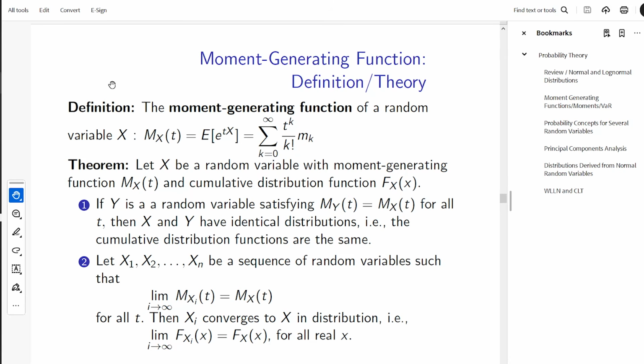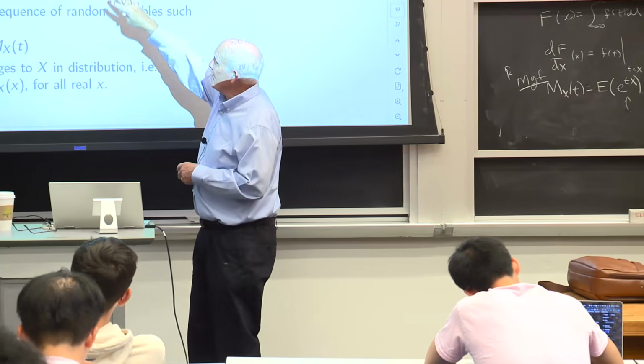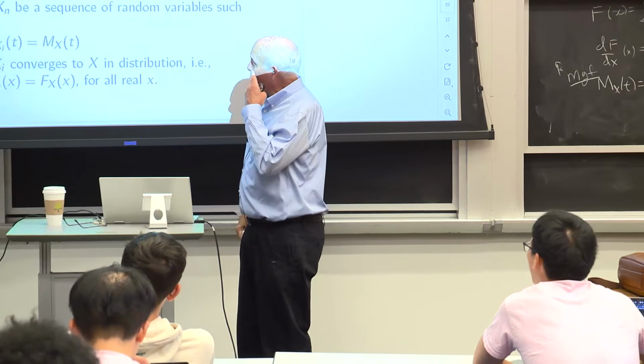But what's important is that if we have two random variables that have identical moment generating functions, then those distributions are equal. So we have identical distributions if their moment generating functions are equal.